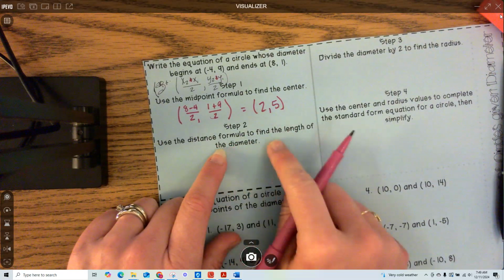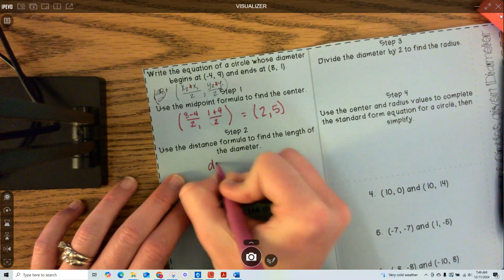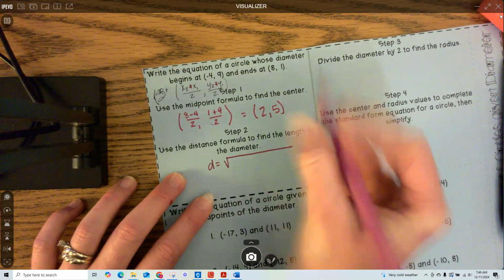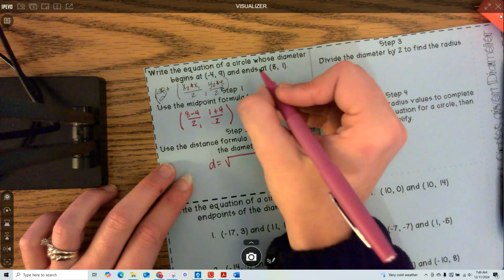We can use the distance formula to find the length of the diameter. Remember, x's subtract each other, y's subtract each other.